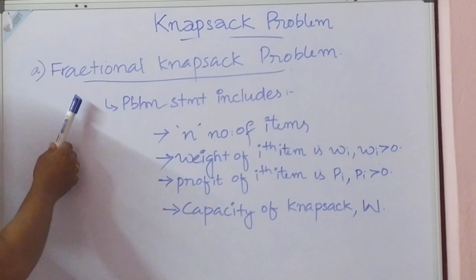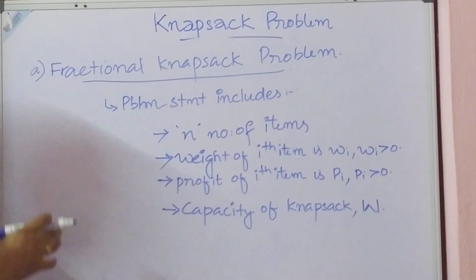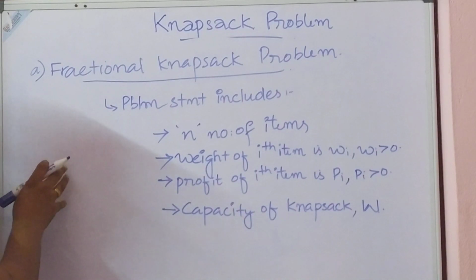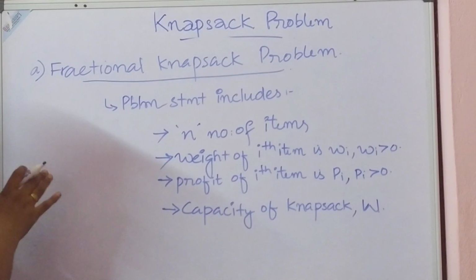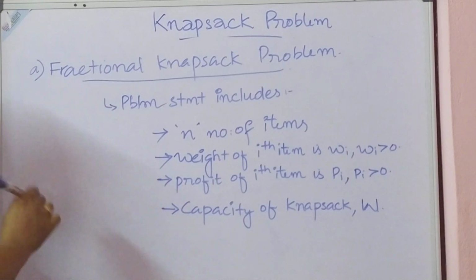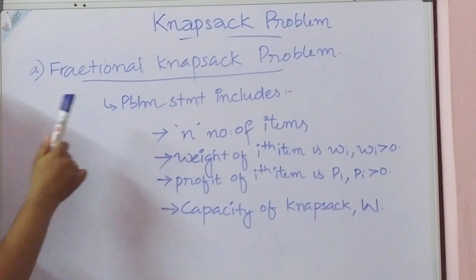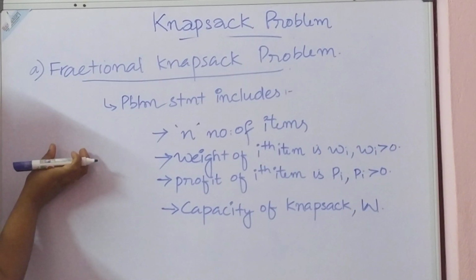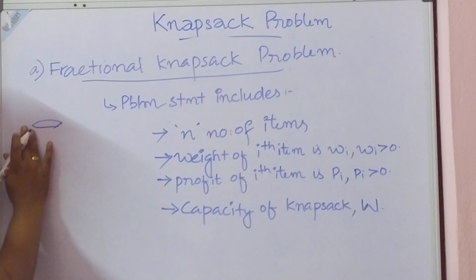Next is the fractional knapsack problem. The knapsack problem states that we can fill items into the bag to obtain maximum profit, with a constraint that the weight of the selected items should be less than or equal to the total weight of the knapsack. In the fractional knapsack problem, we can divide an item into smaller fractions, and those fractions can be used to fill the knapsack.